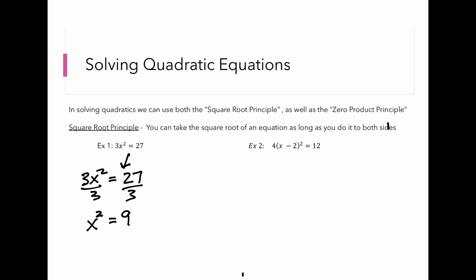And now that I've got this isolated, I'm going to take the square root of both sides. Now, we can do this as long as a couple of things are observed. Number one, x squared actually has 2 solutions. So whenever I take the square root of both sides, I want to think about both the positive and negative solution.